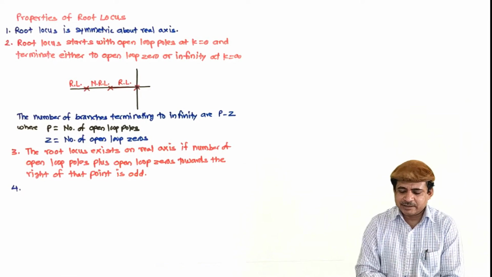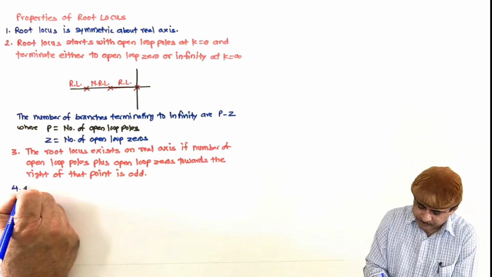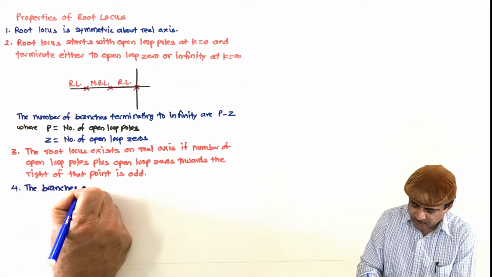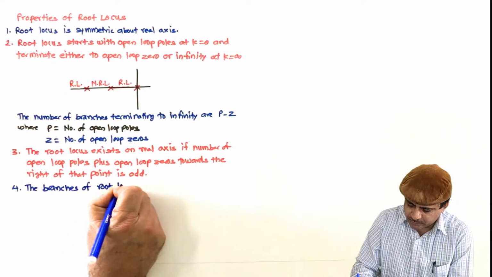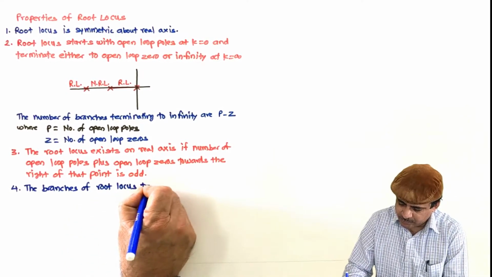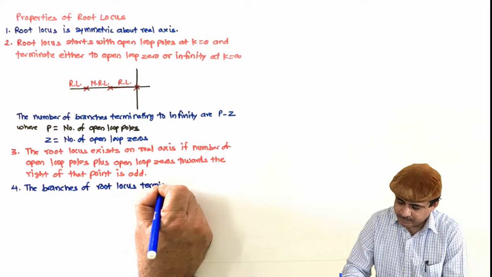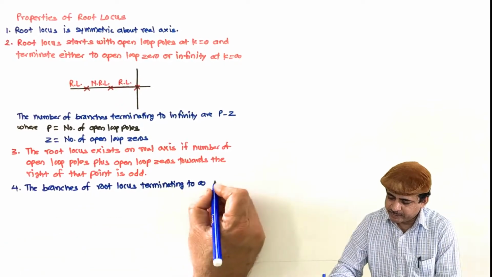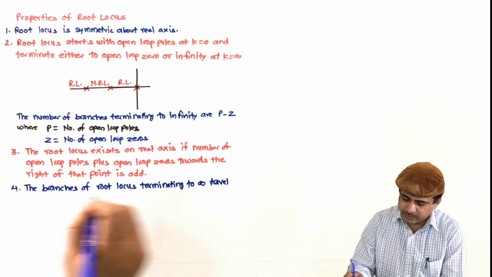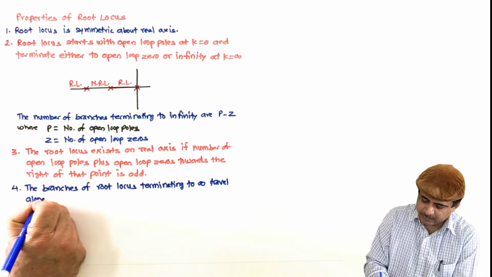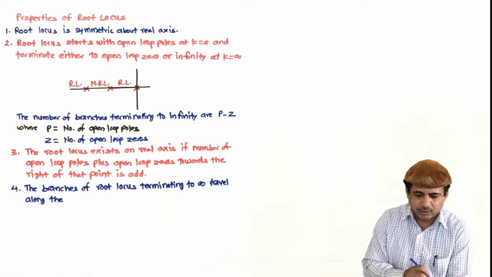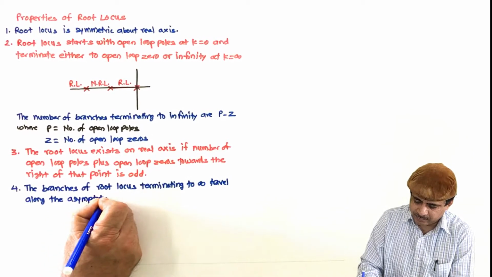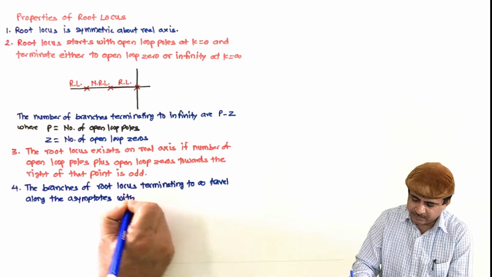For that there is a guideline that the branches of root locus terminating to infinity travel along the asymptotes with angle.